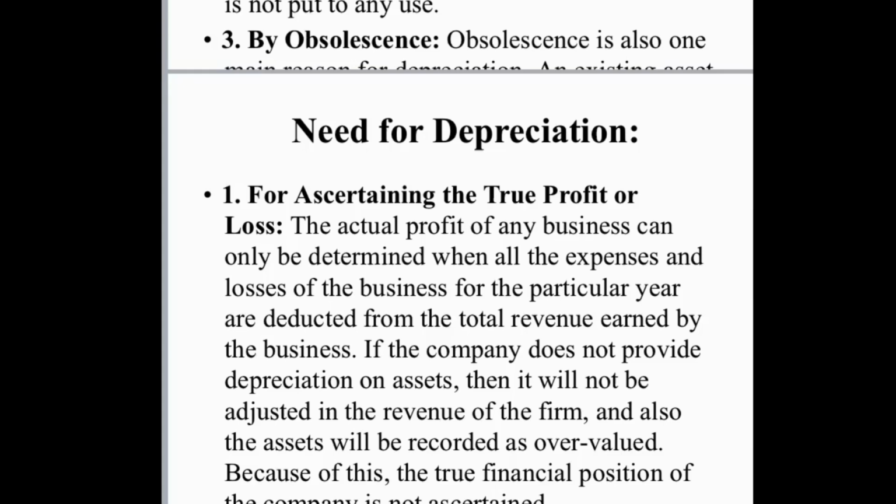Unnecessarily showing the car at 5 lakhs every year means your profit will reduce. You will be showing the exact asset value so that your profit is not decreased and you can show your correct profit. So to show correct profit, and after the life of the asset, if you want to purchase a new car, for all these things I want depreciation.